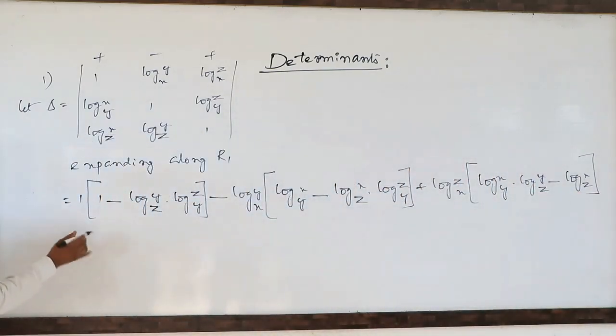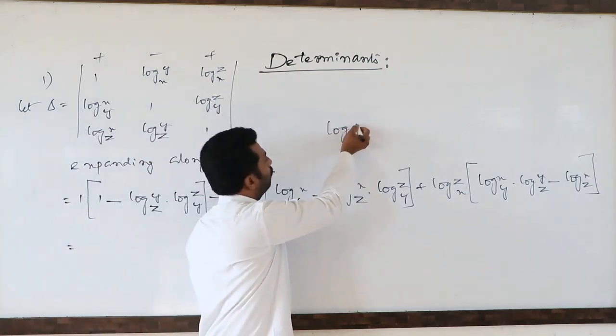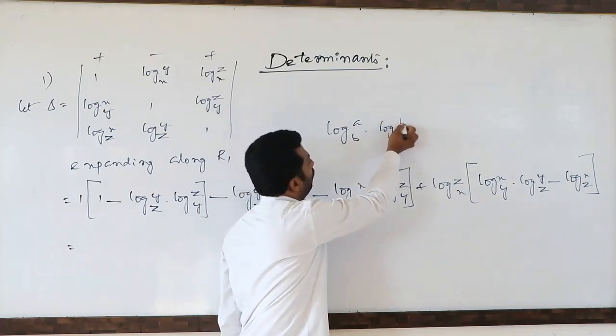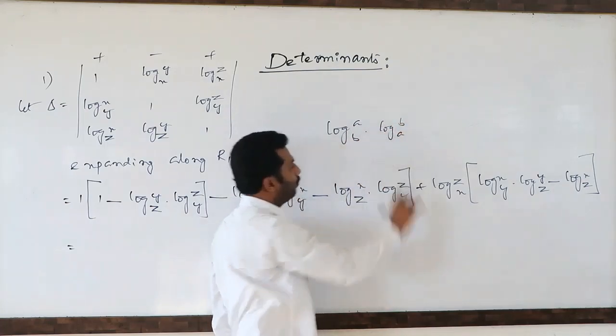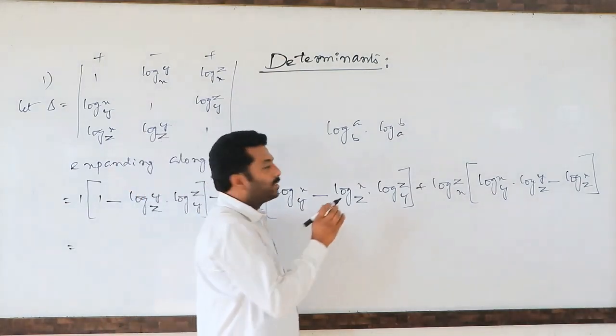I will tell one logarithmic property. You remember, log a base b into log b base a is always 1.